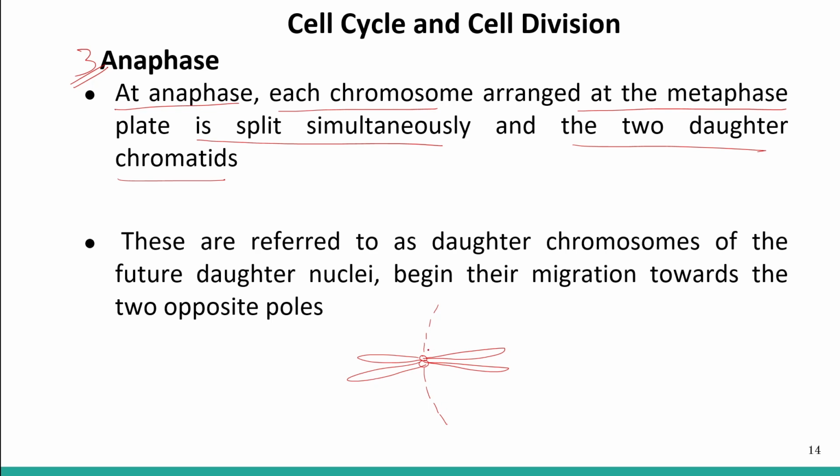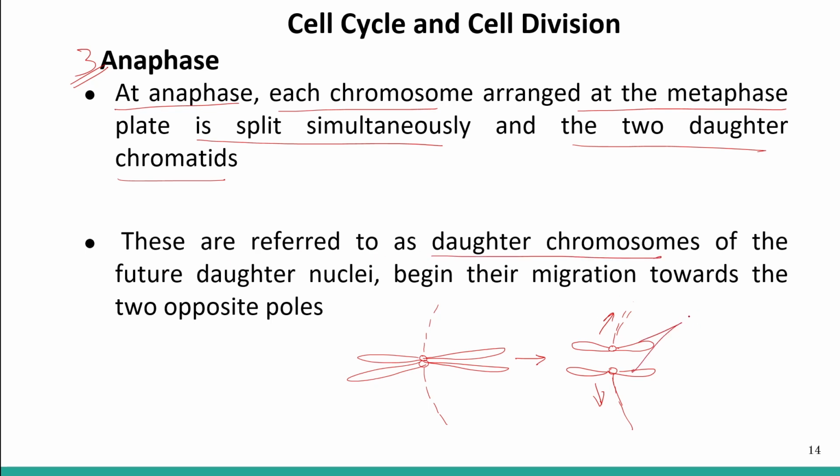In this way. But what happens in the anaphase? This gets split. And the movement of this chromatid with the help of this spindle fiber toward the opposite poles, so these are referred to as the daughter chromosomes.